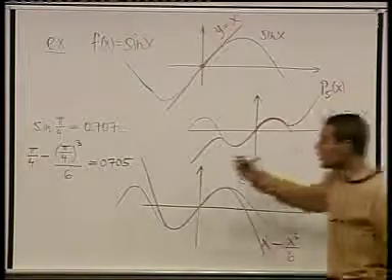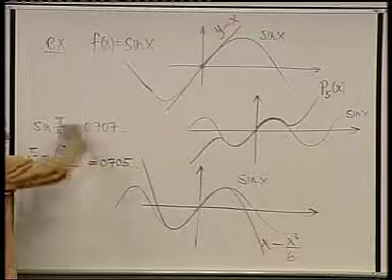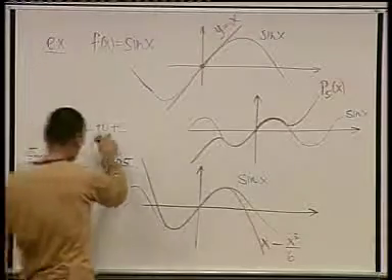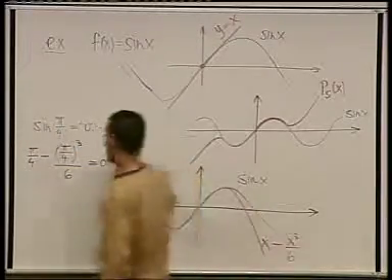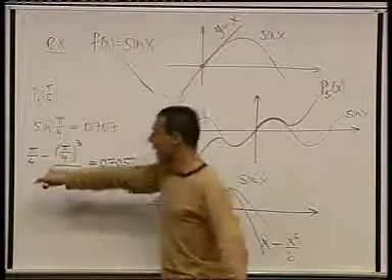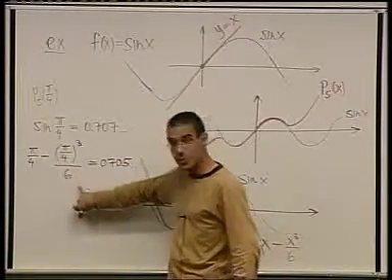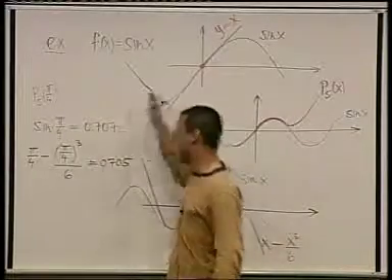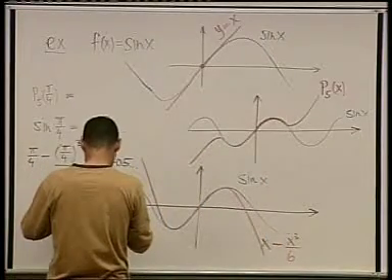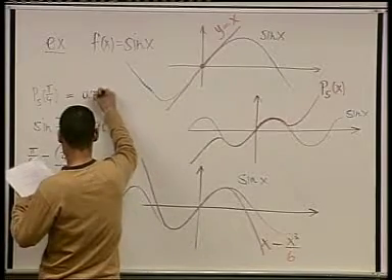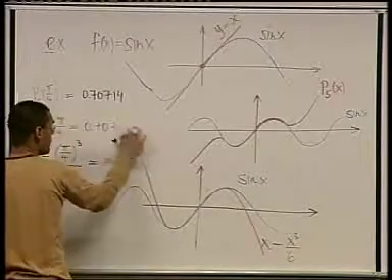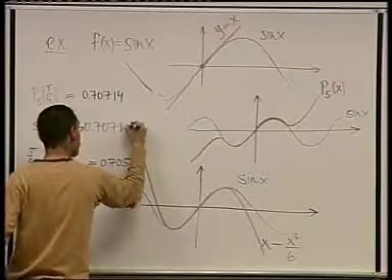Clear? And if you do this same sort of evaluation, sine of pi over 4, the real answer if you plug it into the computer, is this. If you calculate P5 of pi over 4, namely pi over 4 minus pi over 4 cubed over 6 plus pi over 4 to the power 5 over 120, what you get is 0.70714, whereas if you take 2 more digits of the real value, you get 1, 0.